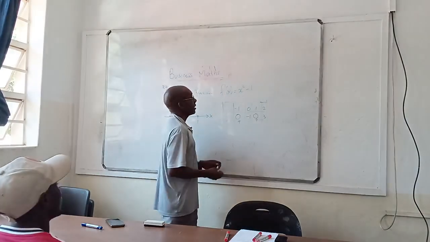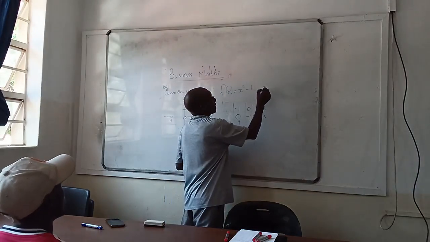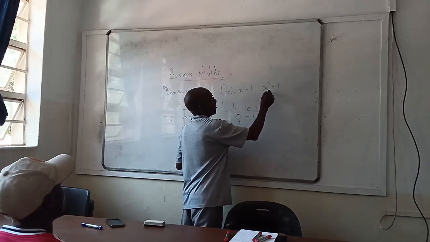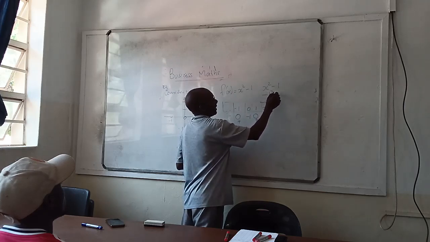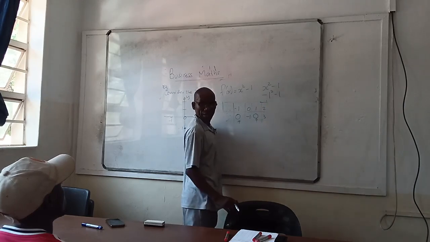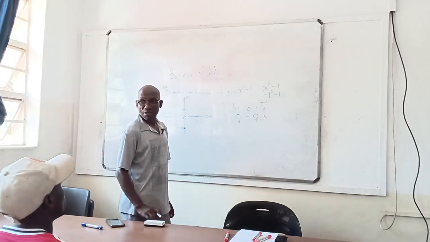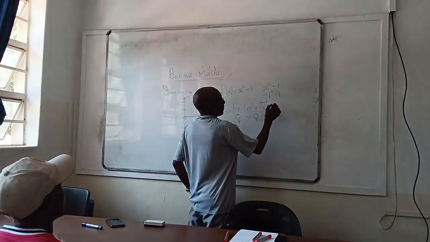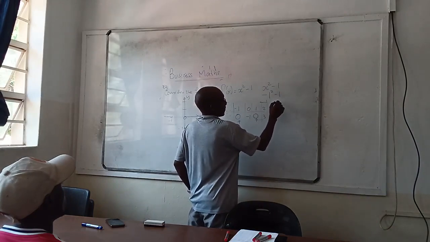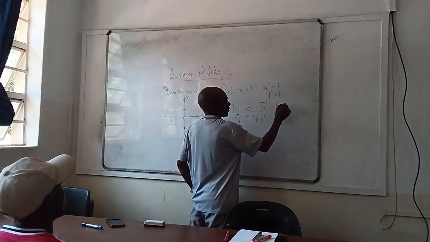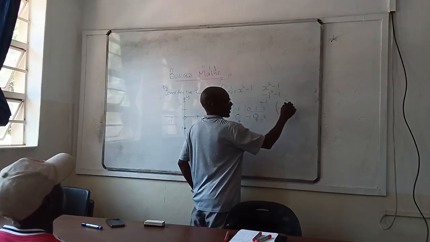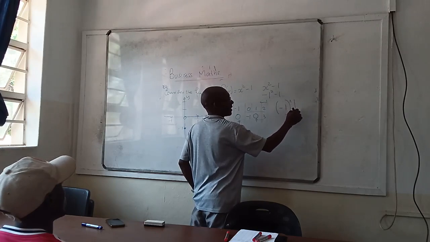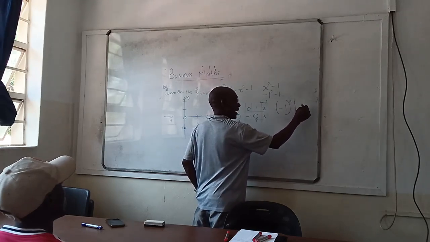When he does x squared minus 1 and puts negative 1 squared minus 1, he gets the answer quickly. But what you are supposed to do is say x is negative what? Open bracket, negative 1, close the bracket, then you put 1 minus 1.